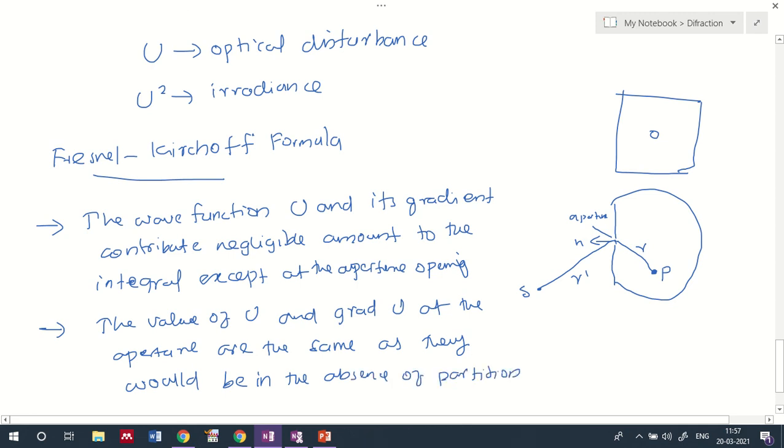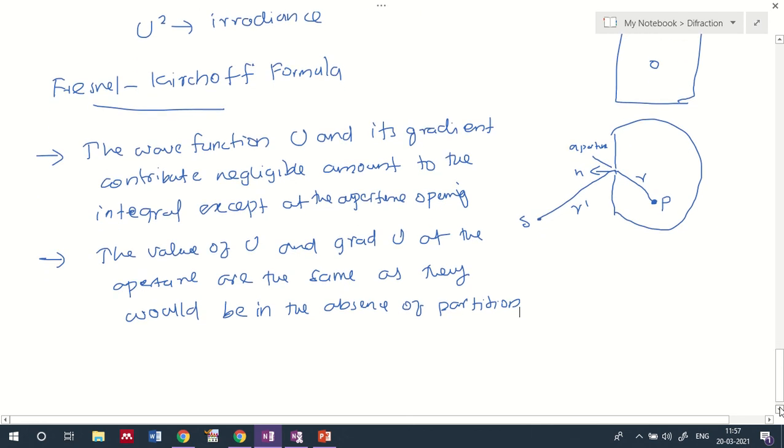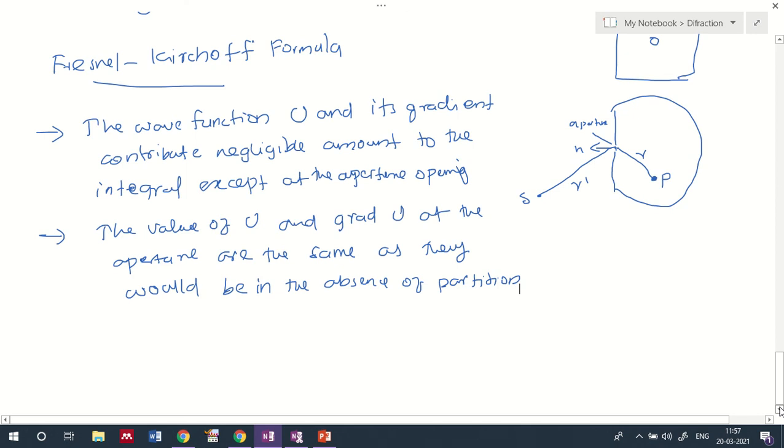So for the Fresnel-Kirchhoff formula, we take two simple assumptions: the wave function u and its gradient contribute a negligible amount to the integral except at the aperture opening itself, and the values of u and grad u at the aperture are the same as they would be in the absence of the partition. Whether there is a partition or an aperture or not, grad u and u will contribute the same amount in both cases.